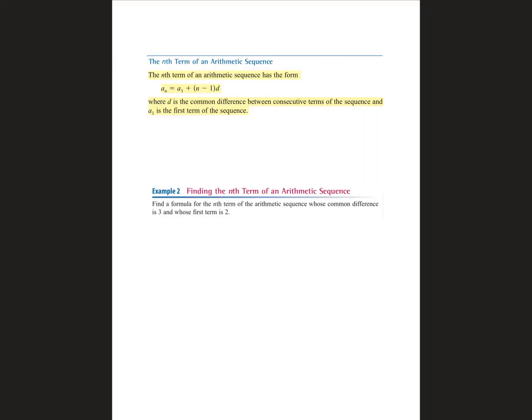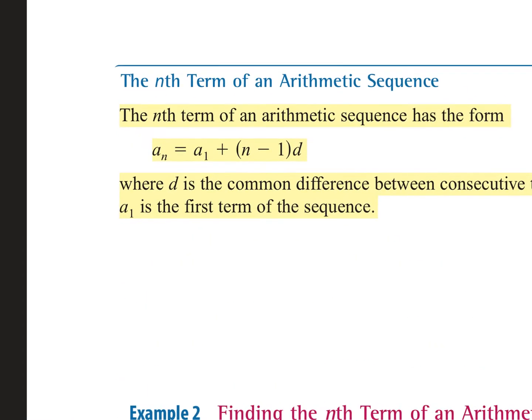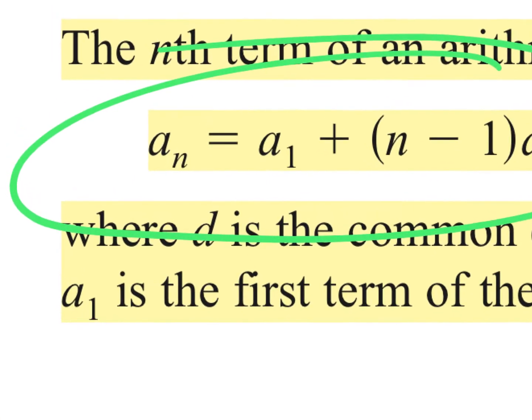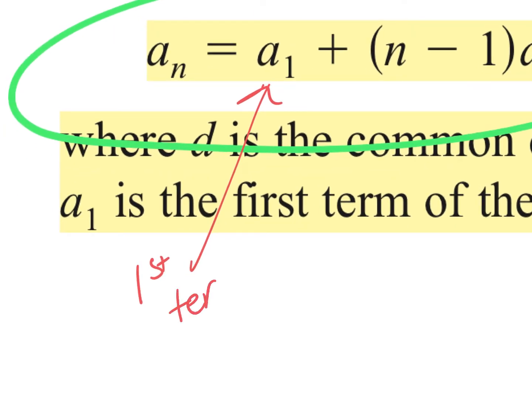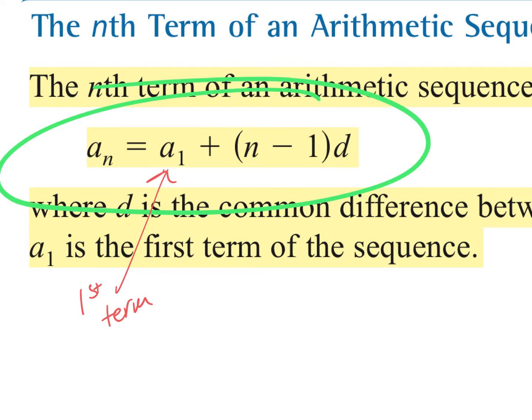All right, moving along. Let's go to some examples here. This is the formula on how to write an arithmetic rule, an arithmetic equation. A sub 1 is the first term, right? So if you have the first term, you can just plug it in there. The D, that is your common difference.